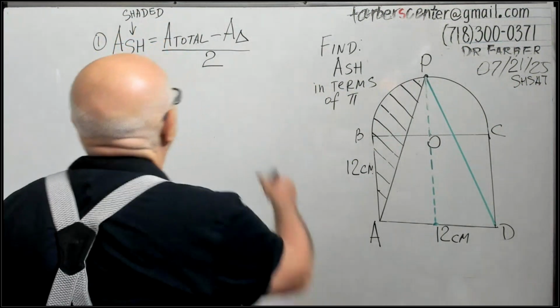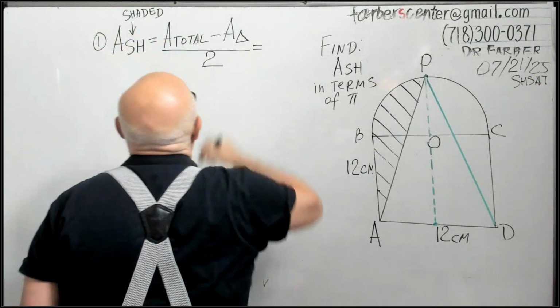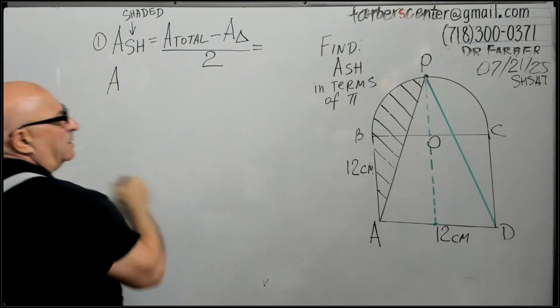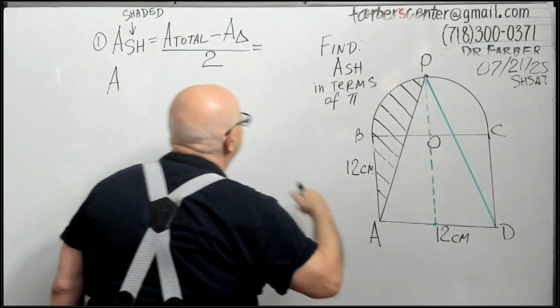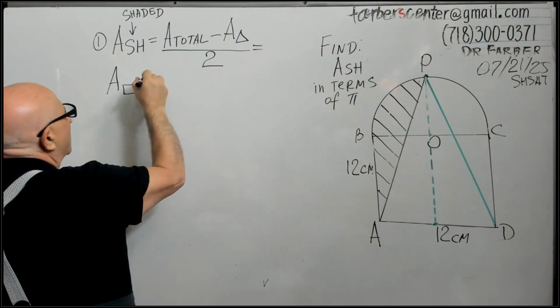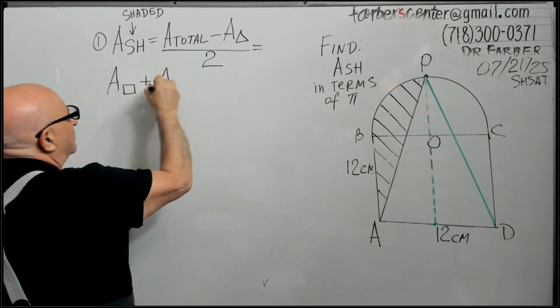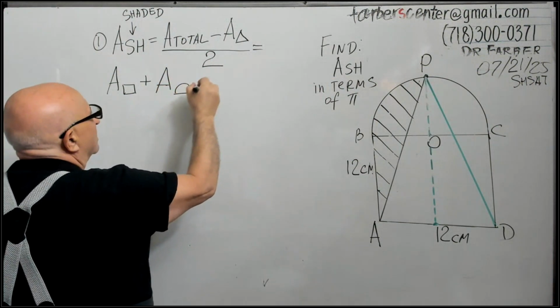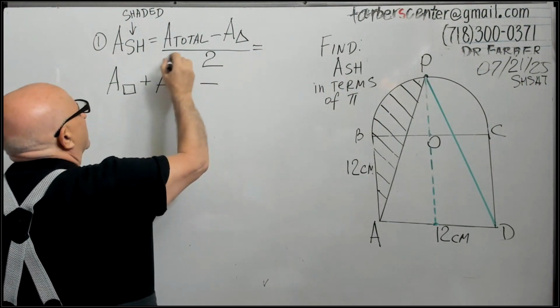Now, I will do it very slowly, okay? Area total is area of square plus area of semicircle. And this is area total.